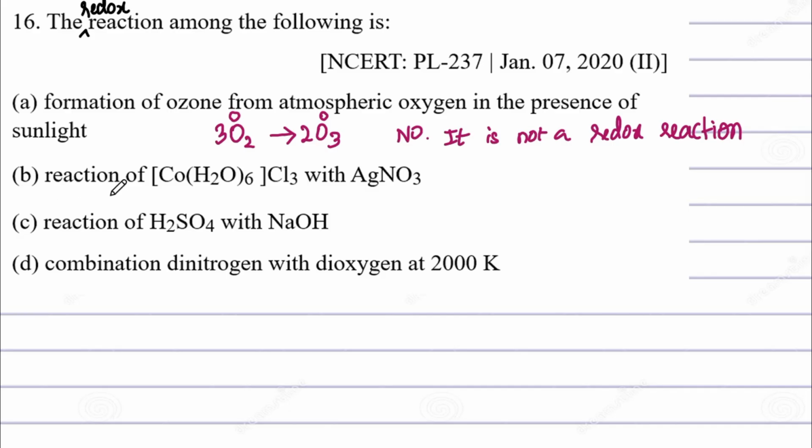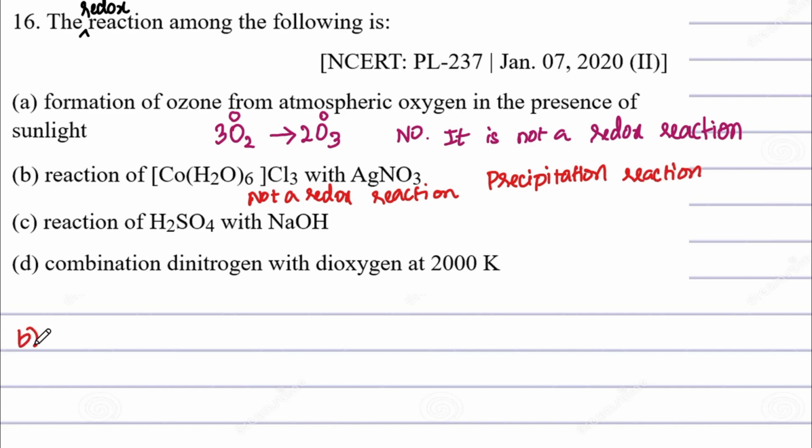Next option, reaction of [Co(H2O)6]Cl3 with AgNO3. This reaction is also not a redox reaction. I will explain that. This reaction is actually a precipitation reaction. If you see the equation, [Co(H2O)6]Cl3 plus AgNO3, it is actually a double displacement reaction.